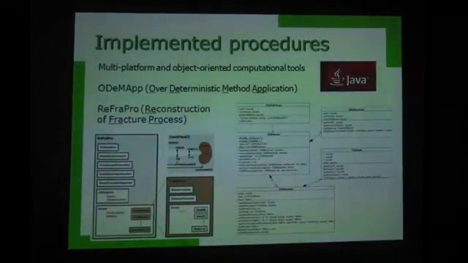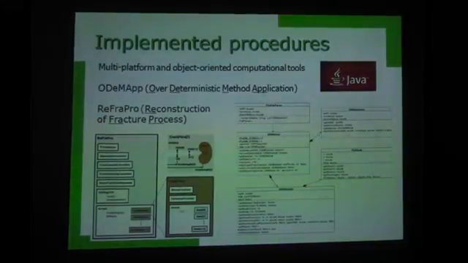One is the over-deterministic method, implemented to be able to use it in a routine way. This is the ODMAP application. The second application reconstructs the stress field using the Williams series. This is the FRPO method.